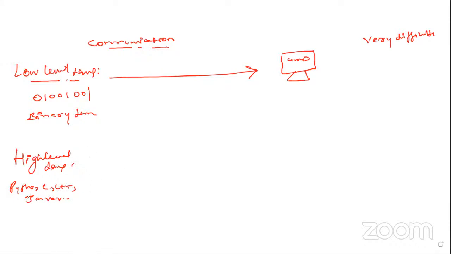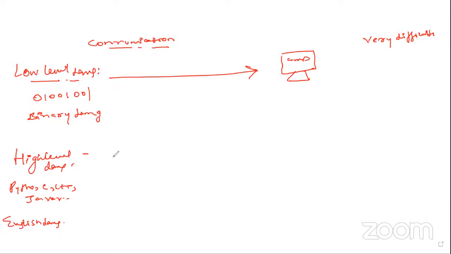These kinds of languages were written in English. But can a computer understand the English language? No, definitely it will not be able to, because the computer understands only binary language.